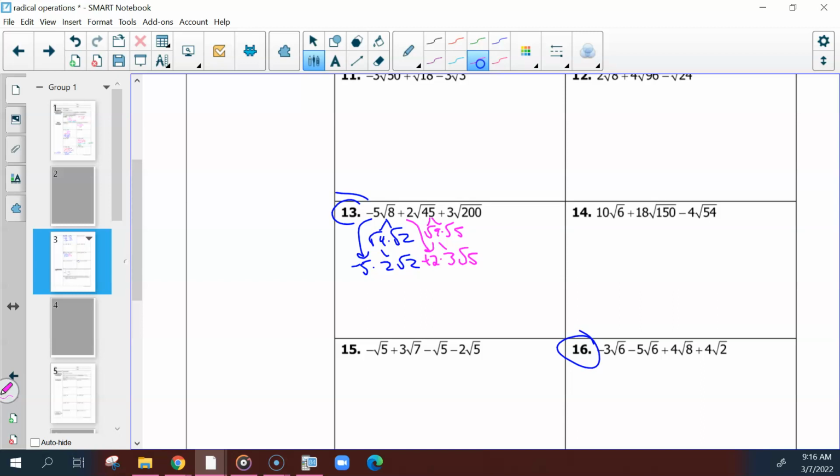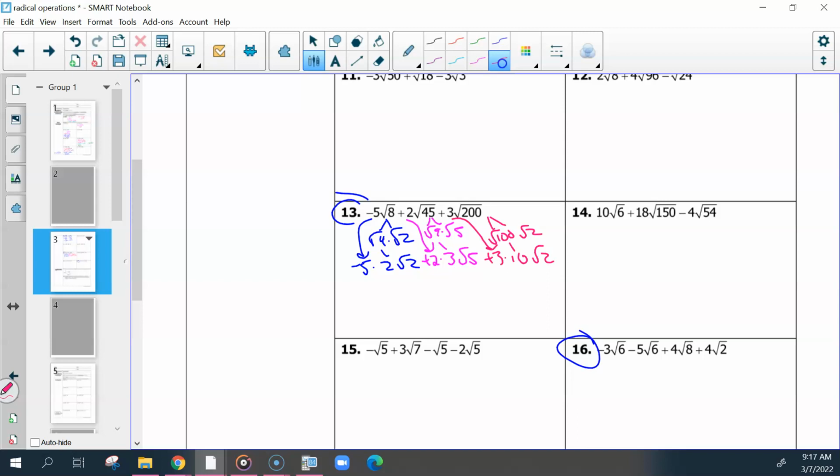And then for the last one, highest perfect square we can divide out of 200. 25 works is the highest. 10 squared. So that would be 10 times the square root of 2 times that 3 outside.